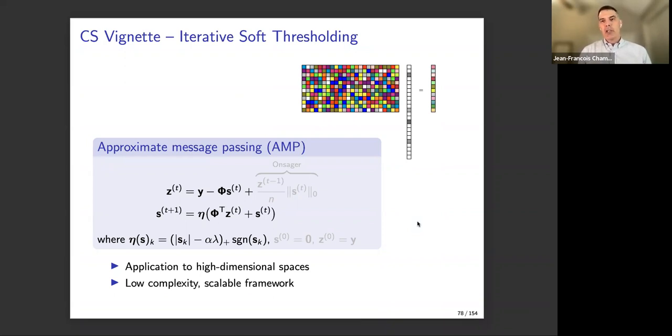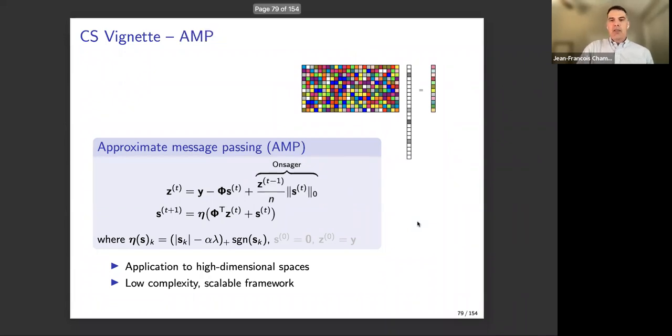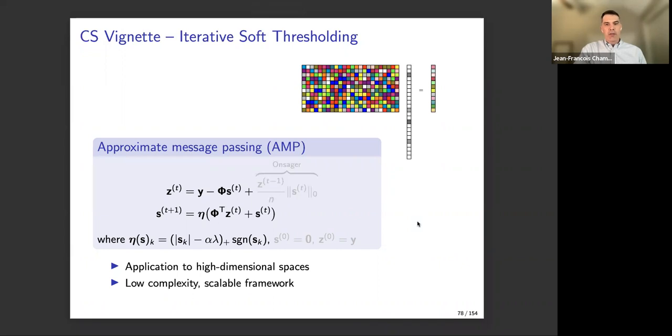When you have a fixed graph, that means that your cycles have to become large enough. But when you have a full matrix, so here we have a matrix of a certain size, what you can do is cancel the contribution that comes from self-interference in some sense. And this comes in the form of an Onsager term. If we go back and forth between iterative soft-thresholding, where it's just these two equations in black, and approximate message passing, the big difference is this Onsager term.